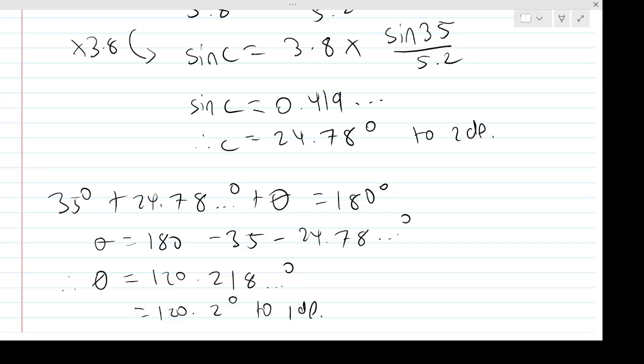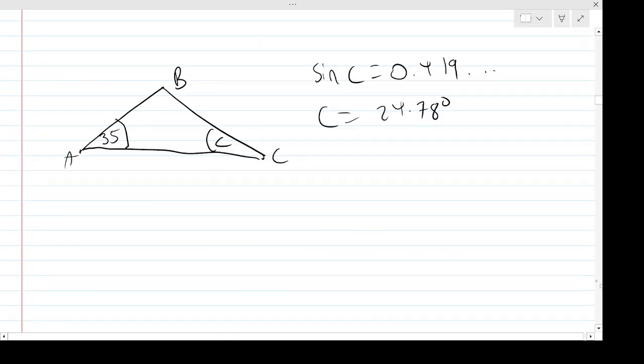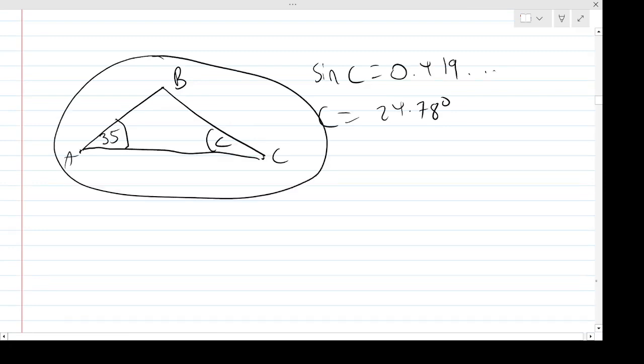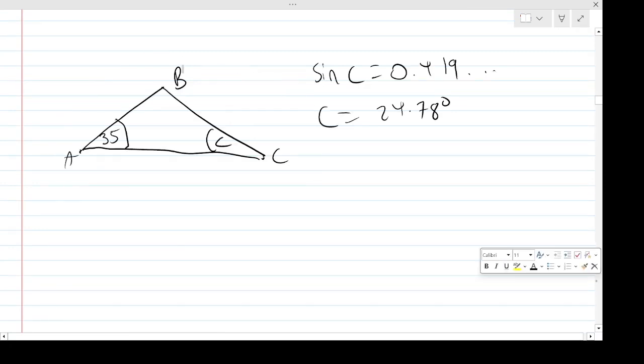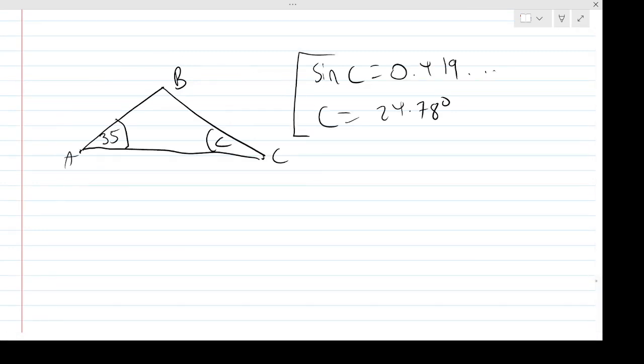So I'm going to restate that question. We had this triangle, and we got to this point for finding the angle C, and we got this angle C is 24.78. Now, why is there not another solution like we said in that case? Why are we not getting the second one? Well, there would be.